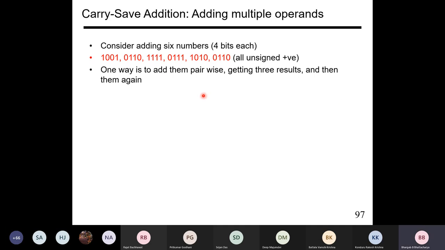So far, whatever design we have considered can perform addition of 2 numbers at a time, right? Whatever adder we have studied so far, like ripple carry, look ahead, tree adder, whatever.